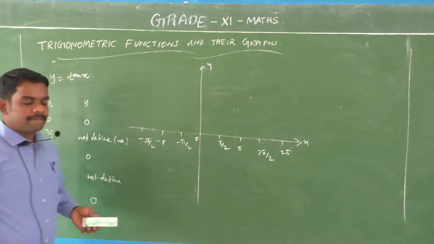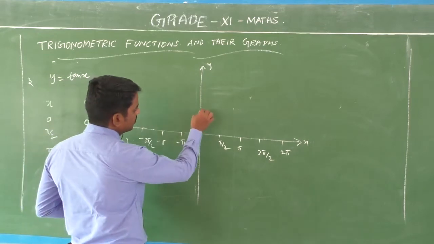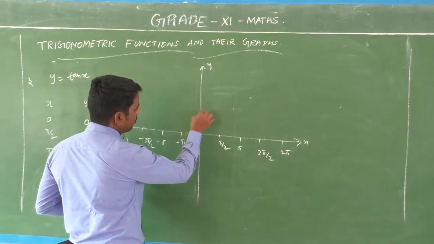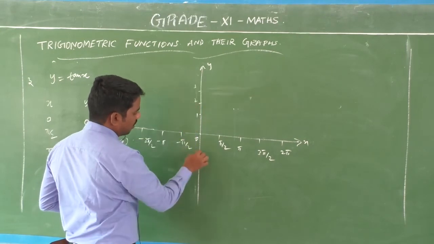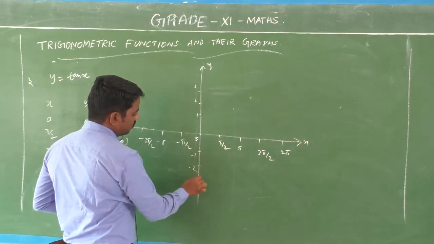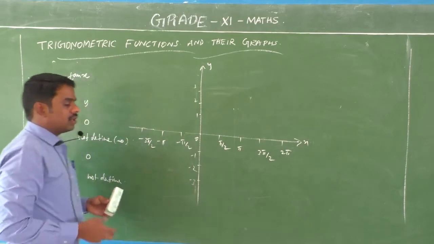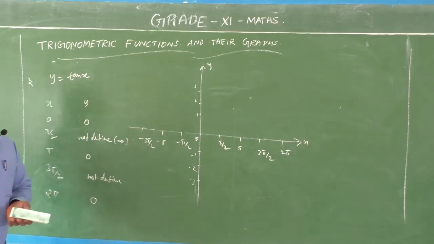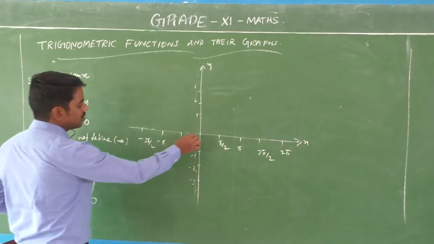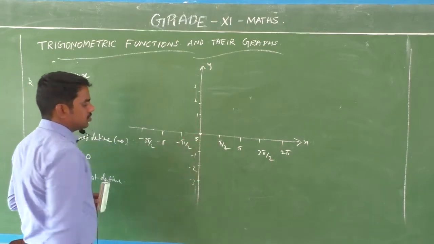On the y axis, take 1, 2, 3, and so on, and minus 1, minus 2, minus 3. Right. X equal to 0, then y equal to 0. So the coordinate point is 0, 0, this point.